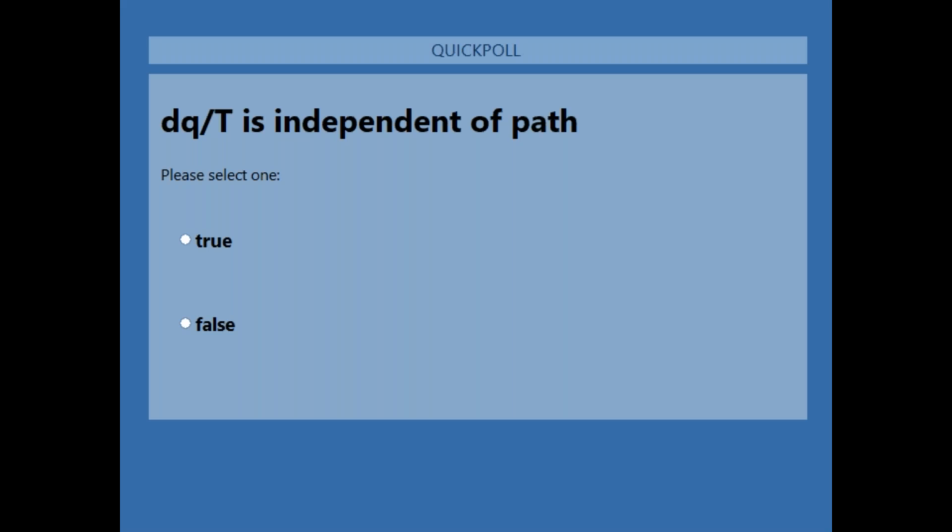Let me ask you this question. Del q by T is independent of path, true or false? The integral of del q by T is independent of path, whether it is true or false.